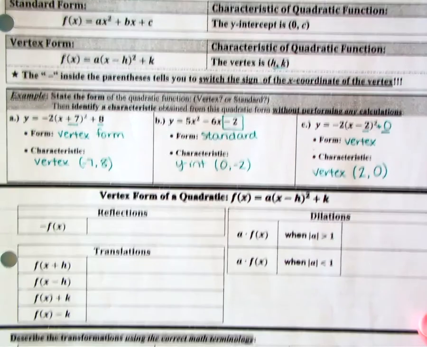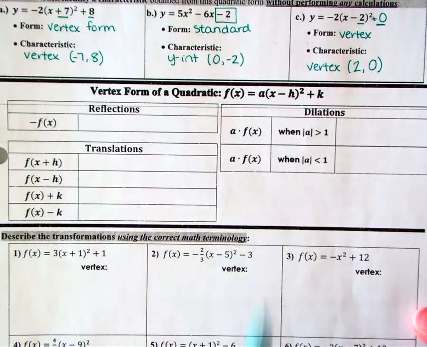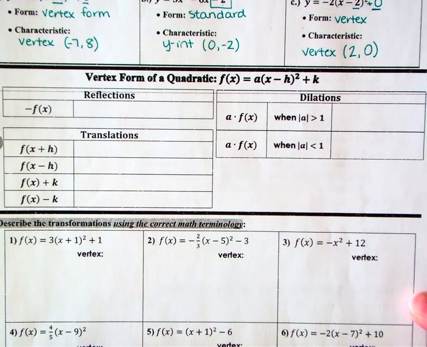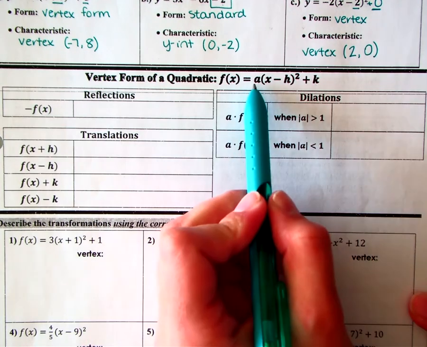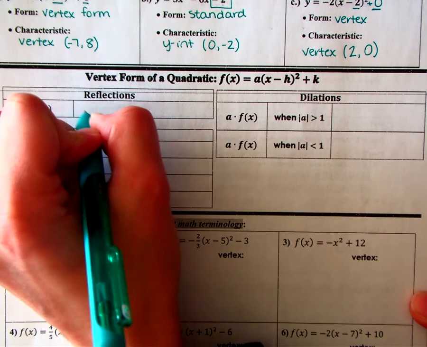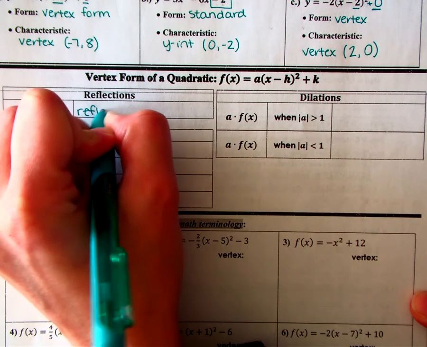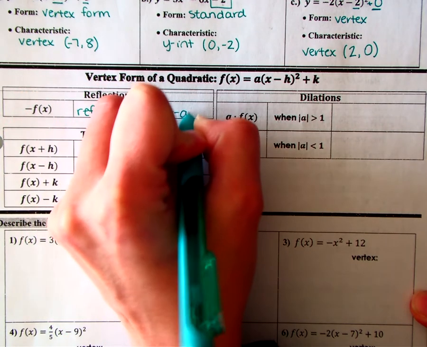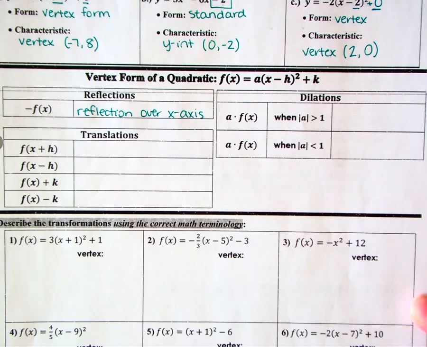When we have a quadratic function in vertex form, so it looks like this, we also can identify the transformations. So if there's a negative in front, if a is negative, we've got a reflection over the x-axis, which means it is flipped over. So instead of being a minimum, it's a maximum.